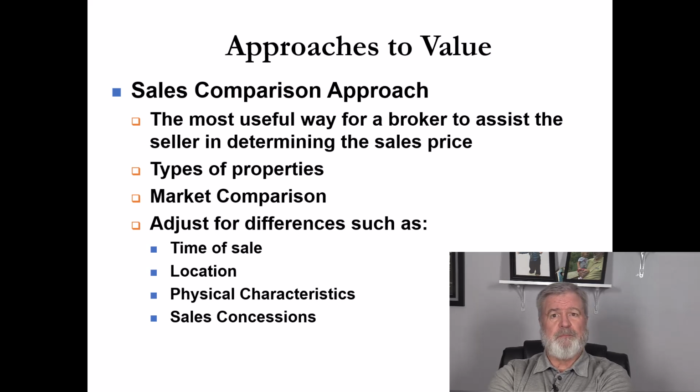Location is a big deal. Now obviously, preferably, the easiest houses to value, if you will, would be houses that are all in the same subdivision. That would be good.